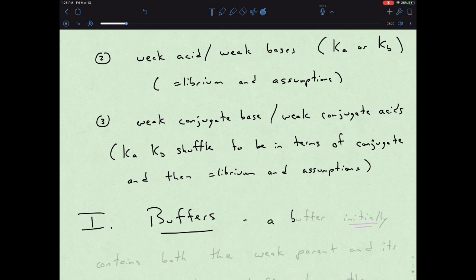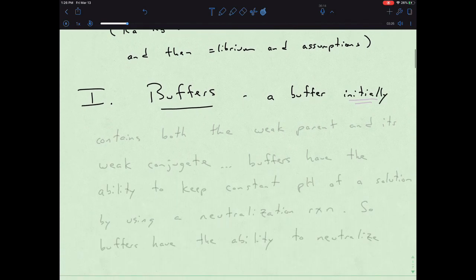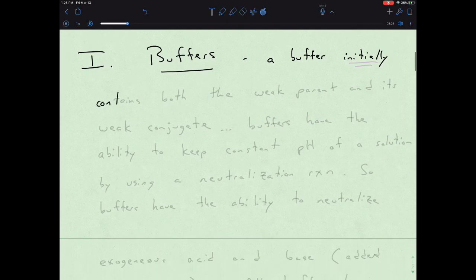A buffer initially contains now both the weak parent and its conjugate, or its weak conjugate.